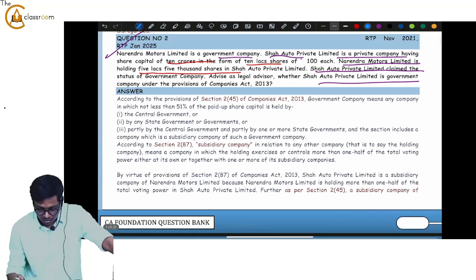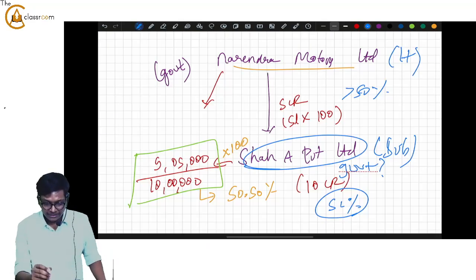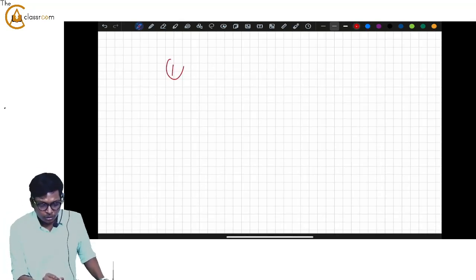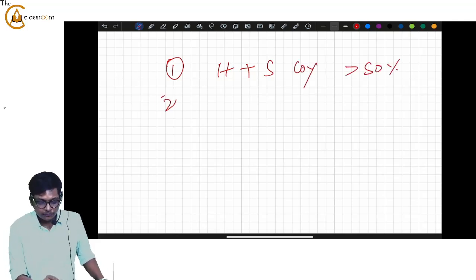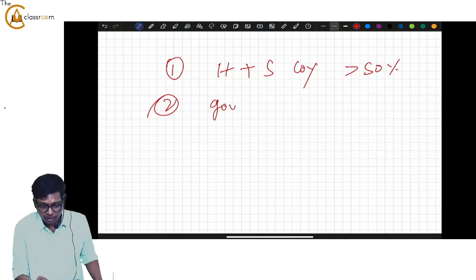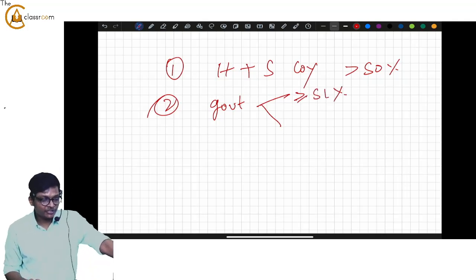Okay, now look at this. In the answer, you should write multiple provisions. First you should write that it is a holding and subsidiary company because the percentage is more than 50. Next you will write the definition of government company, which says you should have at least 51% of paid up share capital.